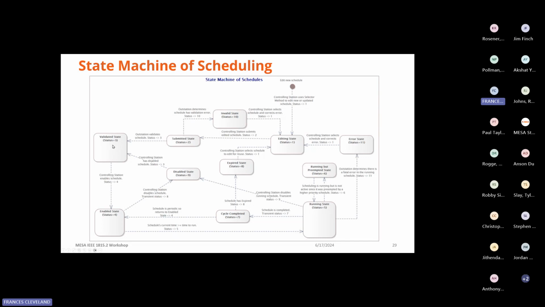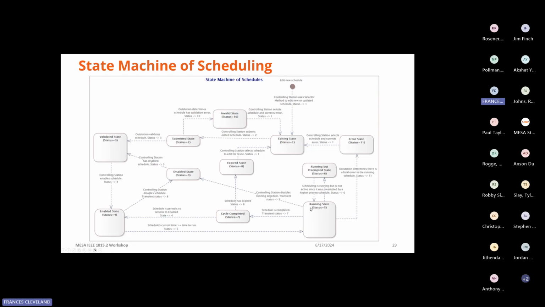Okay, but it may not be running yet because remember, you have a start date and a start time. You'll go down to the enabled state. If the controlling station enables the schedule, that's a separate thing. And then it will go to the running state if the date and time is set to run. And then if its cycle is completed, it's a single one.